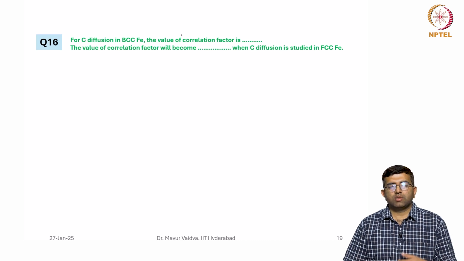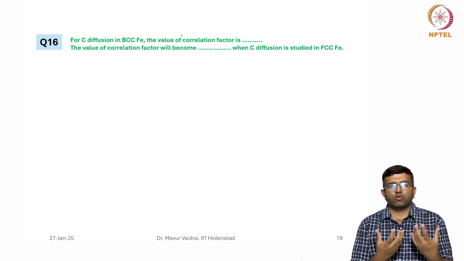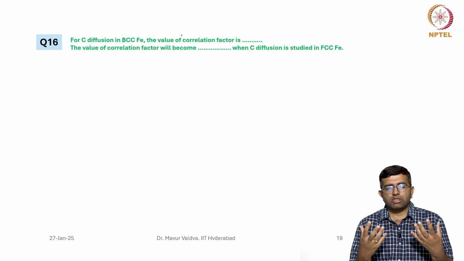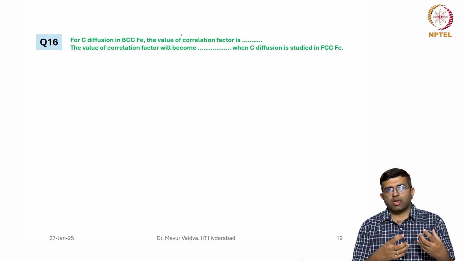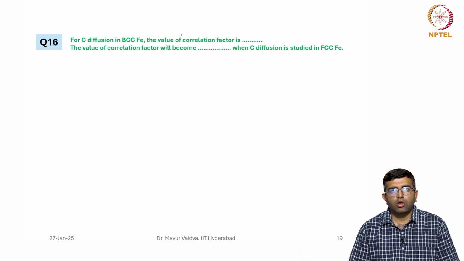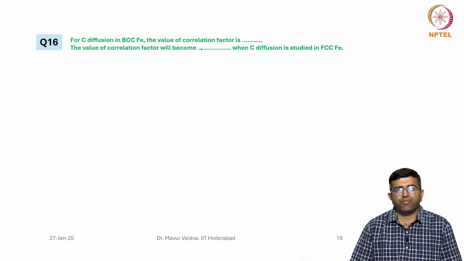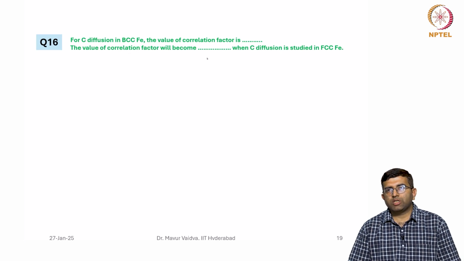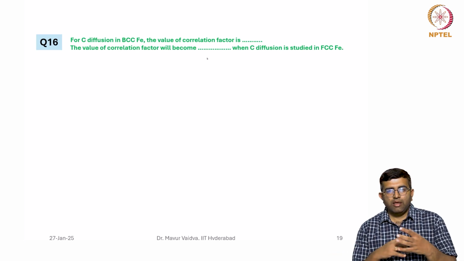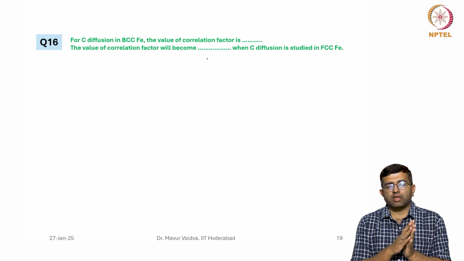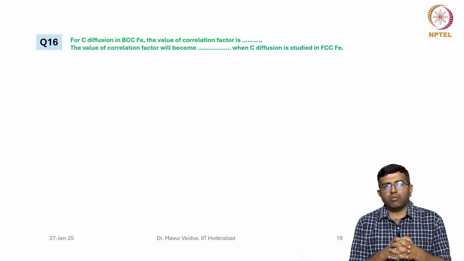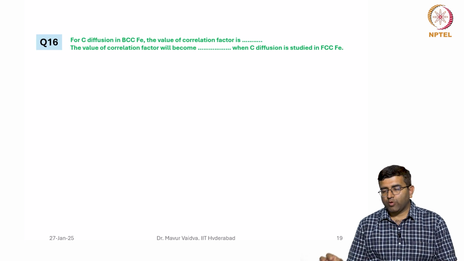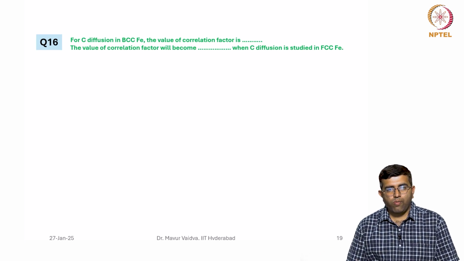The reason is that the interstitial sites are available everywhere, and therefore, the atom can always find an interstitial site to make an exchange. And the value of correlation factor will become the same when carbon diffusion is studied in FCC iron. Even in FCC iron, carbon still occupies an interstitial position only. So, please remember that in that case also the value of correlation factor is 1.